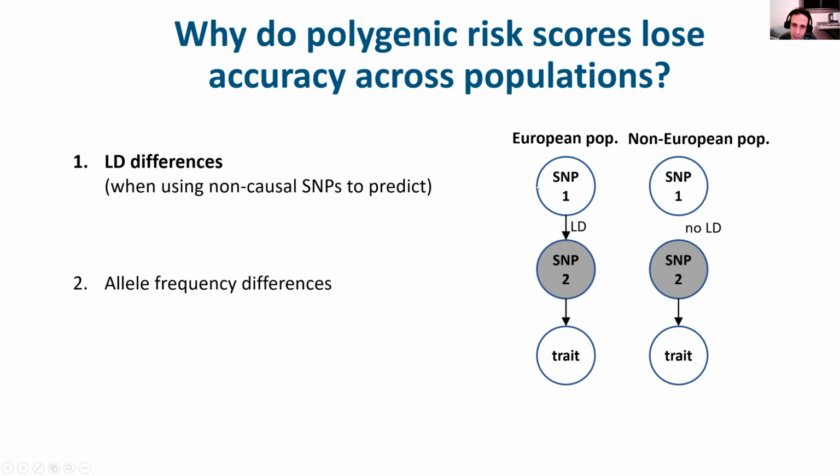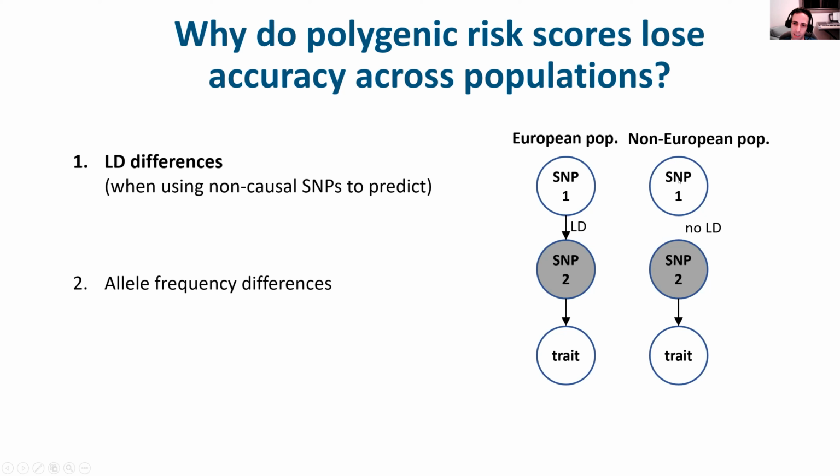So what this means is that we can actually use SNP1 to predict the trait in Europeans, even though it's non-causal, because the effect is mediated through SNP2 and they're in LD. So we can get some predictive power by using SNP1. So what would happen in this case is that if we train a PRS model on the European population, and then we tried to apply these predictions on the non-European population, we would lose accuracy because SNP1 suddenly becomes non-predictive, right?